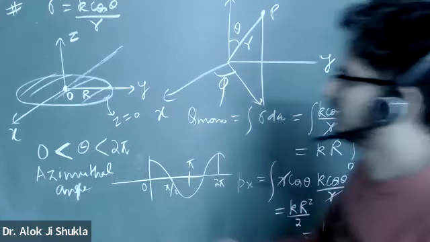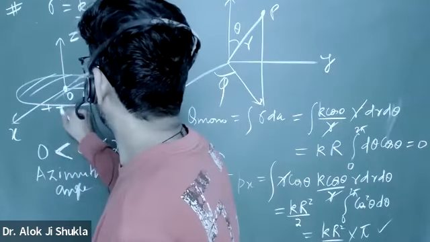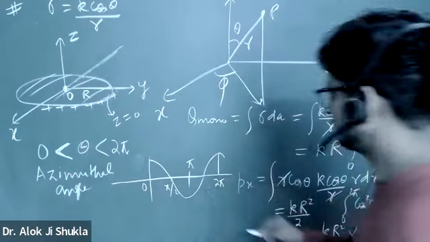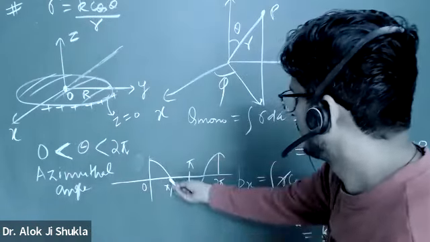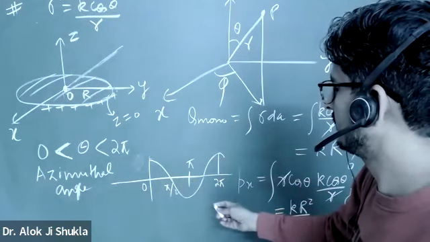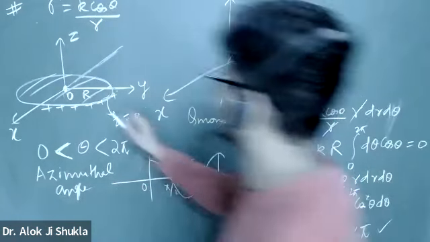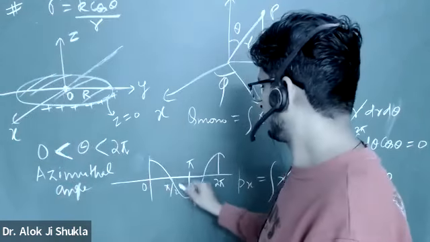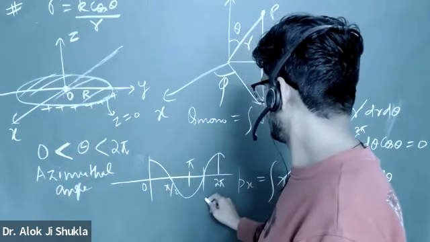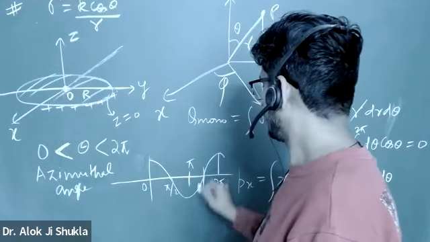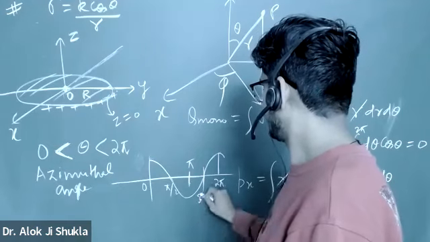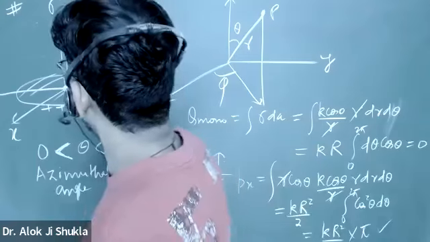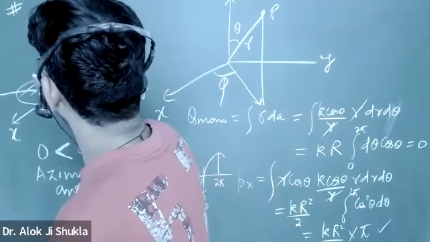So you see here, charge will be positive from 0 to pi by 2, and then from pi by 2 to 3 pi by 2 it is negative, like this, right?